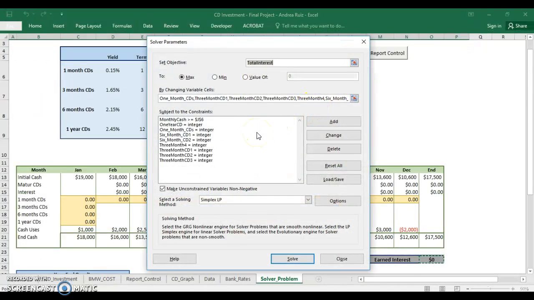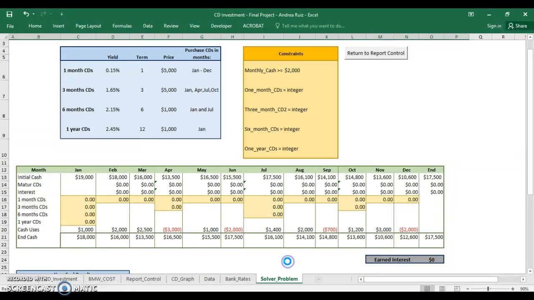So I have previously set my objective cell, my variables, which are right here, along with the constraints. Now we can click solve.